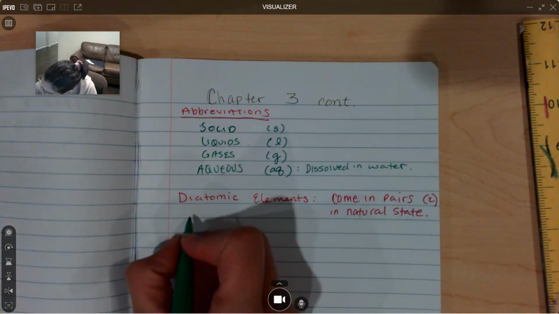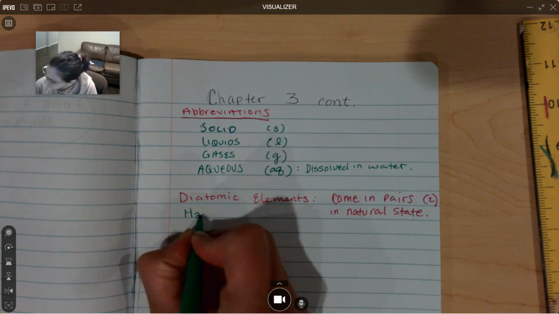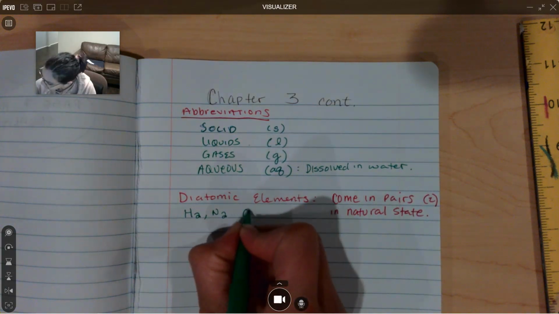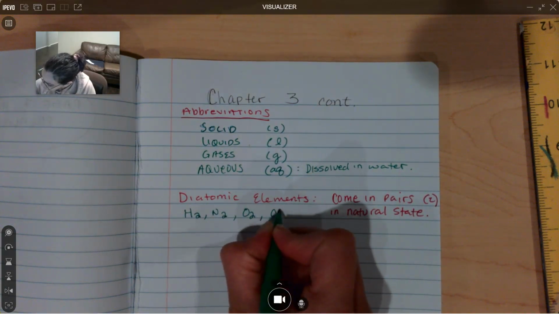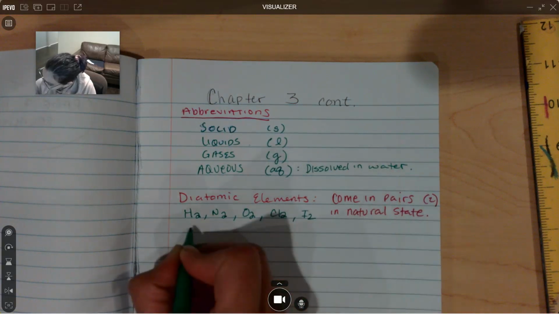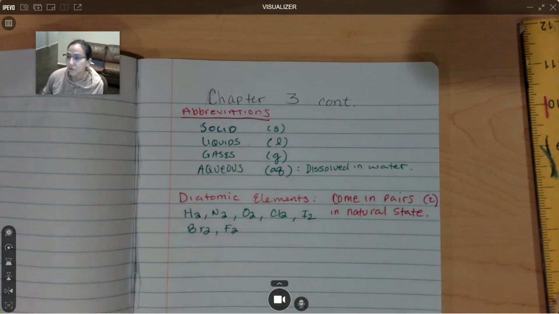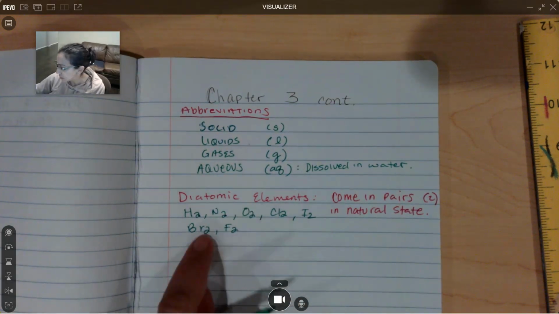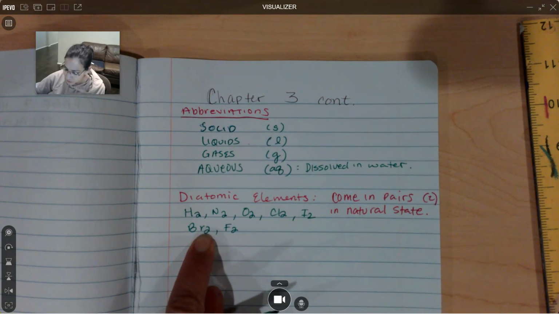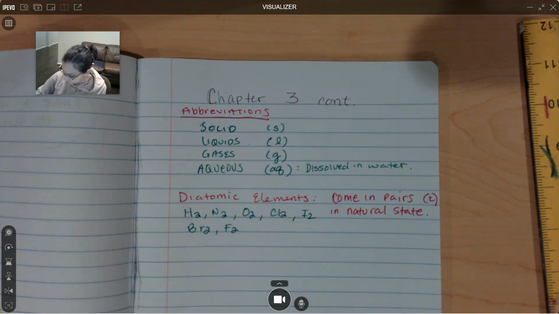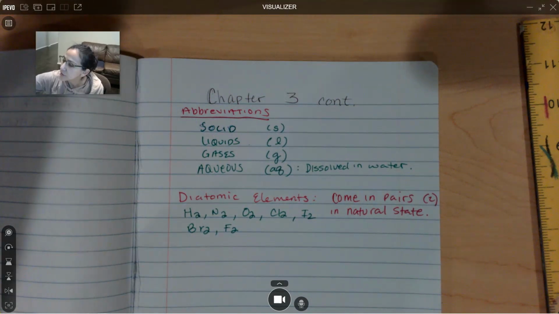There are only 7 of these elements: hydrogen, nitrogen, oxygen, chlorine, iodine, bromine, and fluorine. So whenever you see those elements by themselves, they're always going to be diatomic. That means they're always going to come in twos.